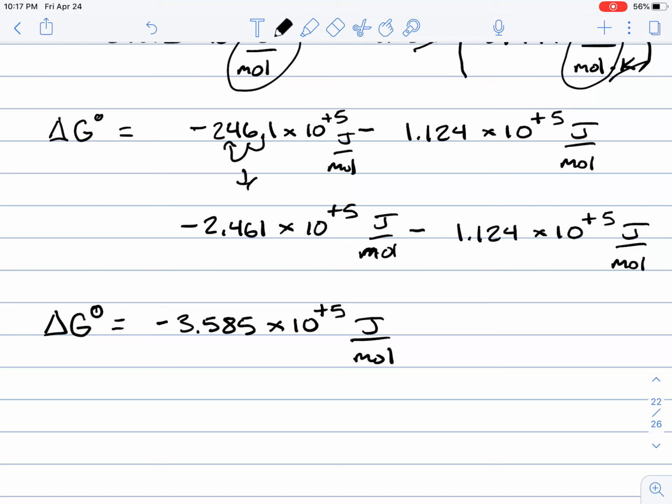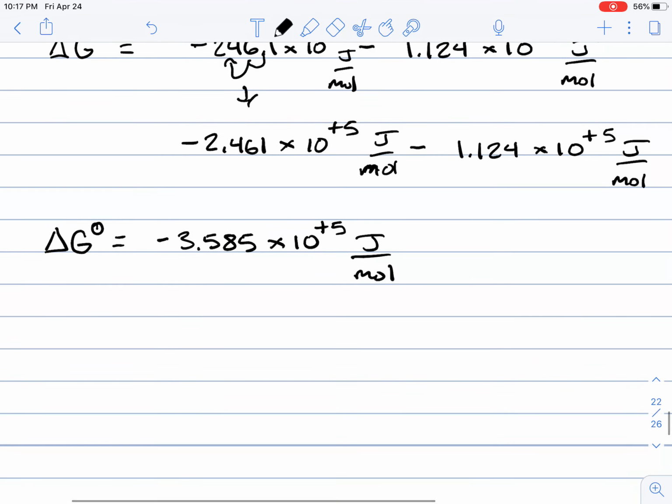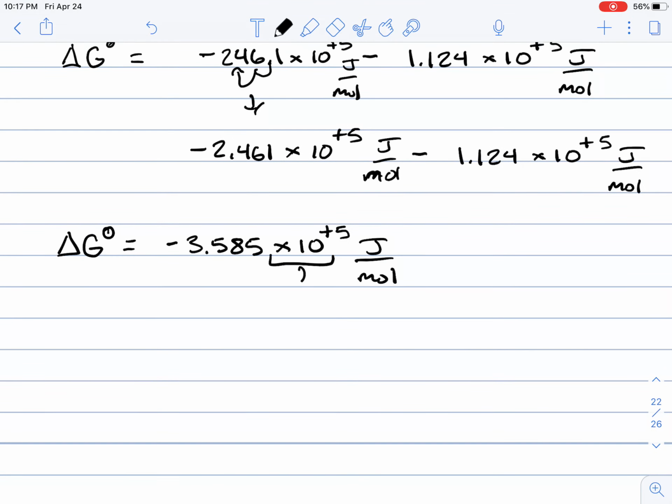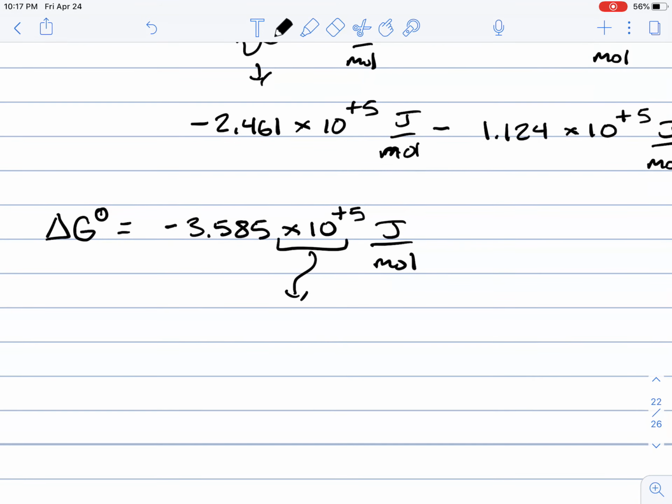Now, if I wanted to express this value in terms of kilojoules per mole, I'm going to take this scientific notation and I'm just going to break it down into two pieces, times 10 to the positive 2 and times 10 to the positive 3 joules per mole.